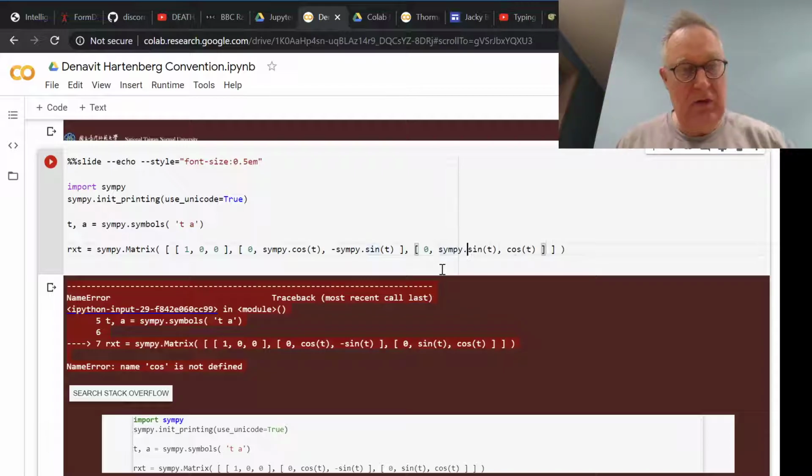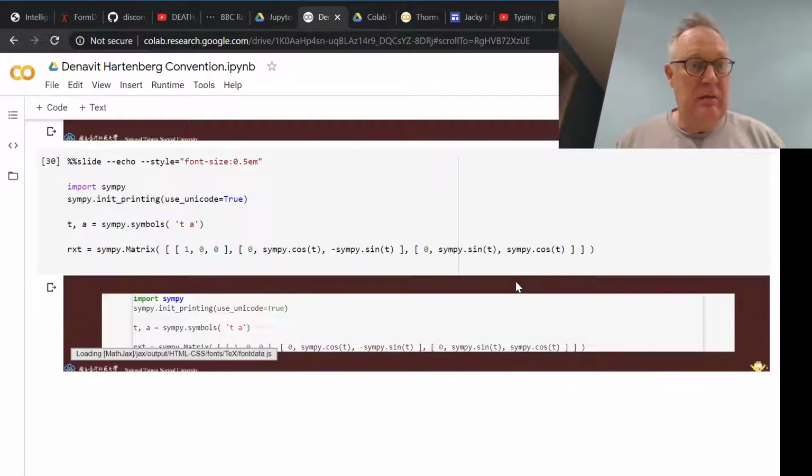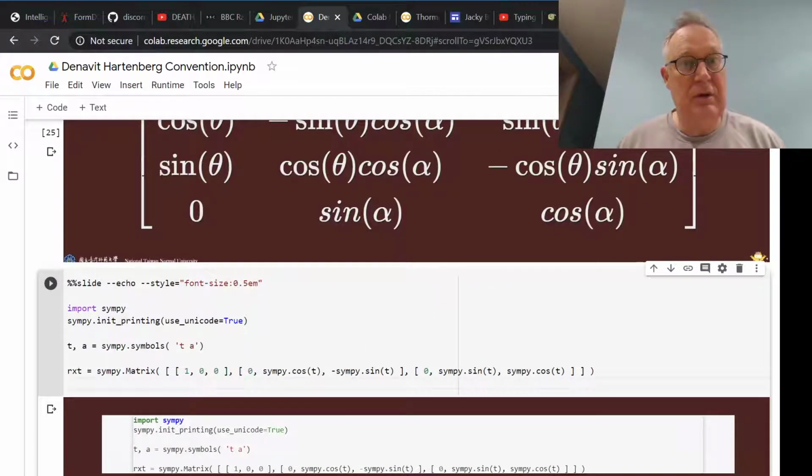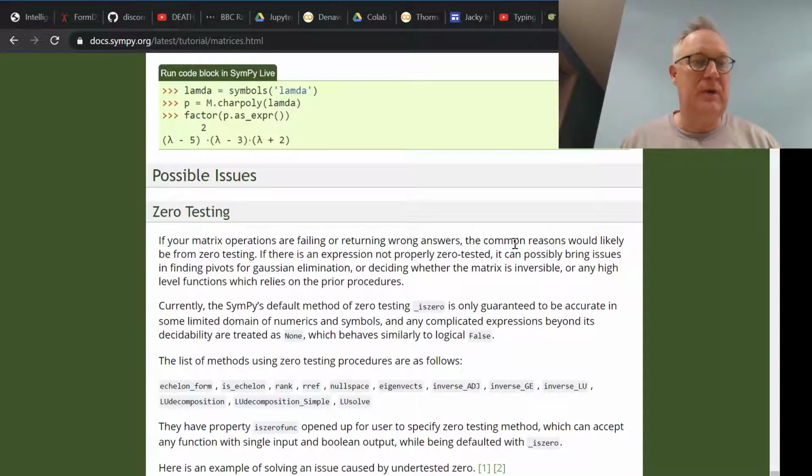And I just leave the namespace out because otherwise I'm going to get confused if I use math cosine or SymPy cosine.